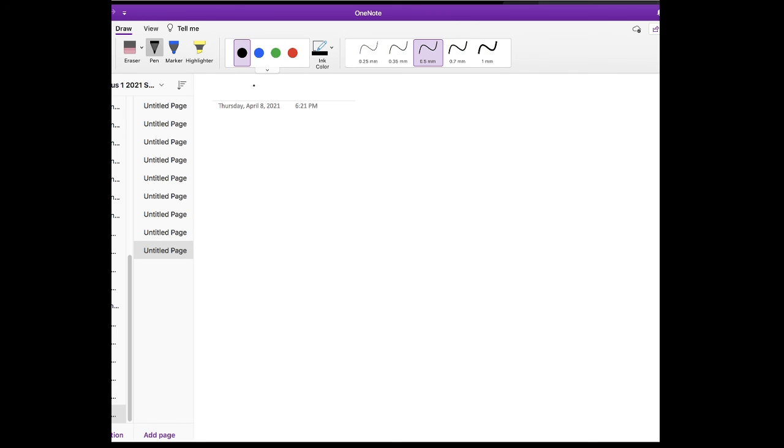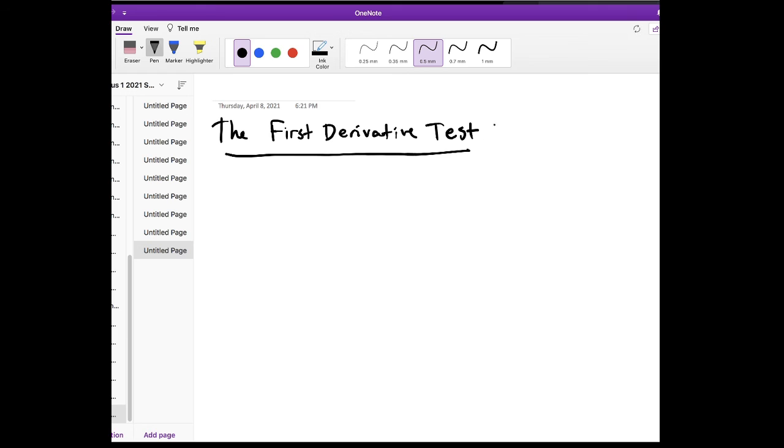Let's give a name to it. This is called the first derivative test. Okay, so let's just say it again. Local maxes and local mins occur at critical points.